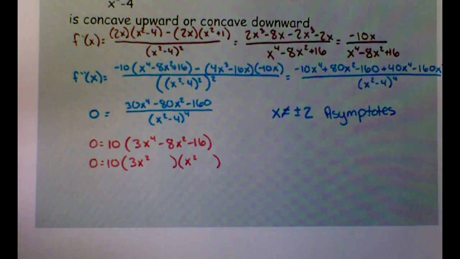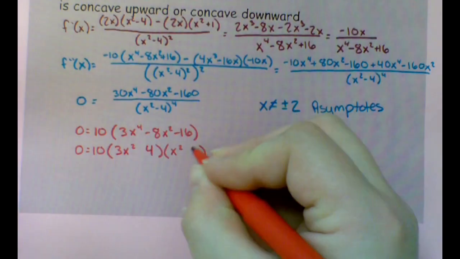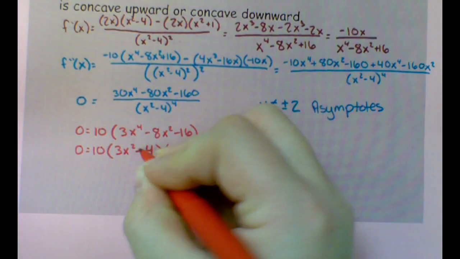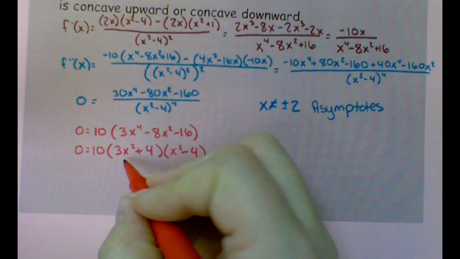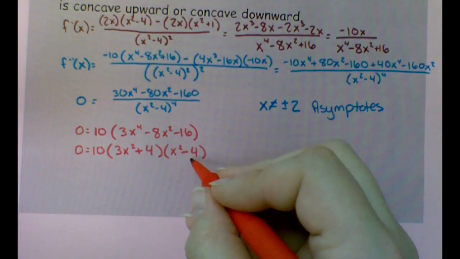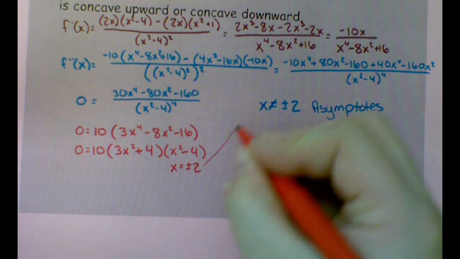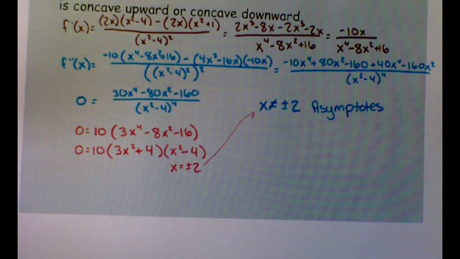So let's see, I need numbers that multiply to 16 and I get an 8 there. We're going to go 4 and 4, minus and plus. Well, 3x squared plus 4 doesn't give me any real solutions. X squared minus 4 gives me positive or negative 2, which, look at that, those are my asymptotes anyway.